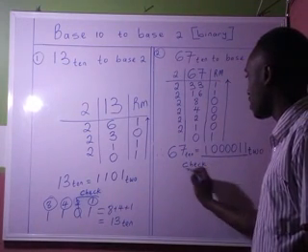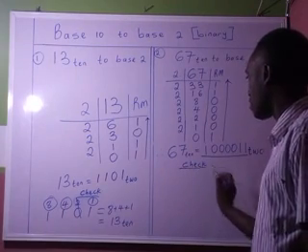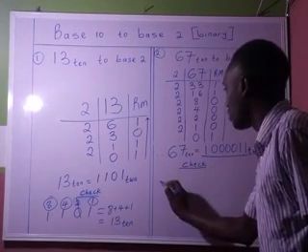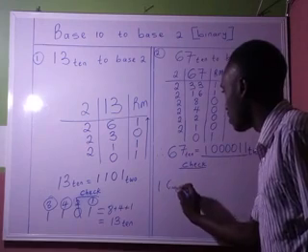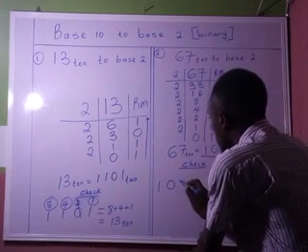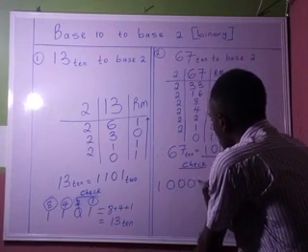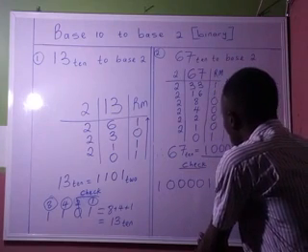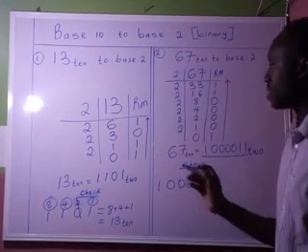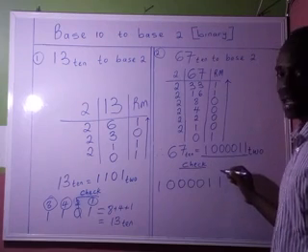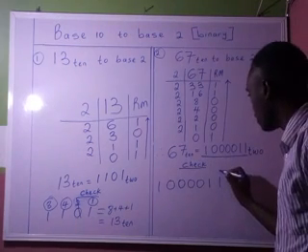So like I said, let me check if the answer I got here is right or not. I'm having 1, 0, 0, 0, 0, 1, 1. Like we did the other time, I'm going to start by counting from here. 1.